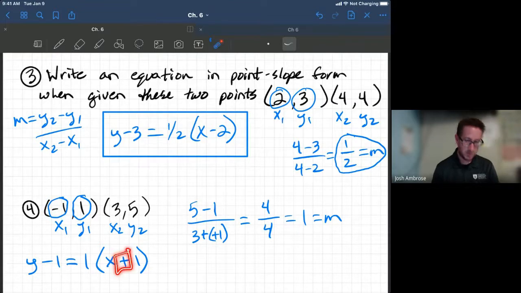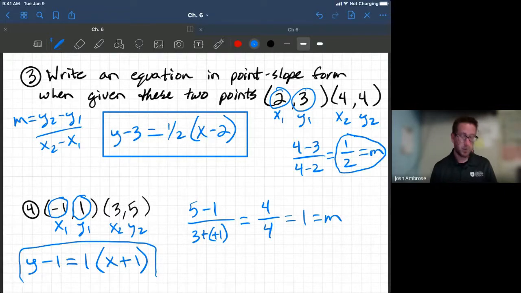Those together would equal a plus sign. So you have to understand when it's going to change to a plus sign. When is that going to happen? When the original value is a negative, and in the equation we had a negative. That's going to change it to become a plus sign. All right, there we go. And there's our point slope form right there.